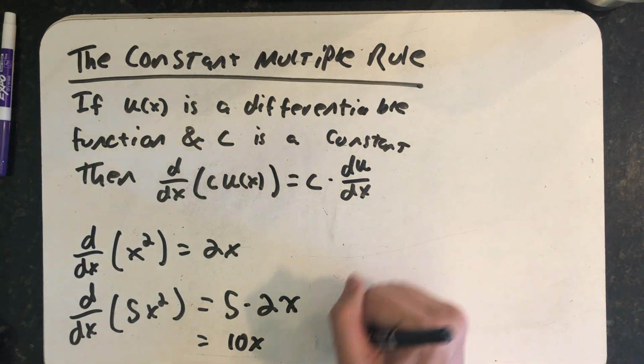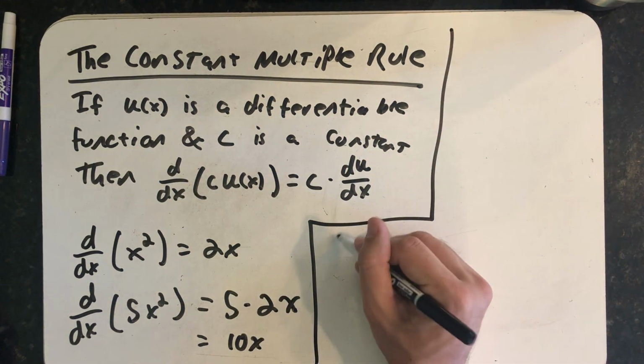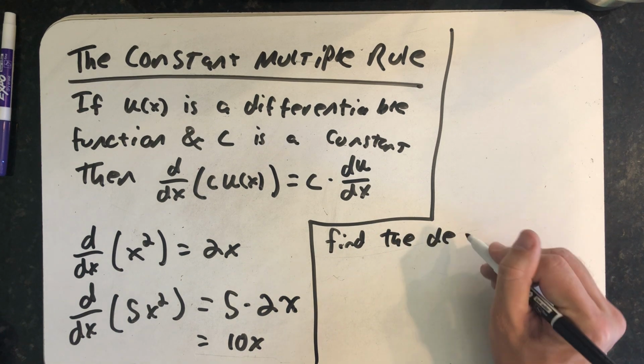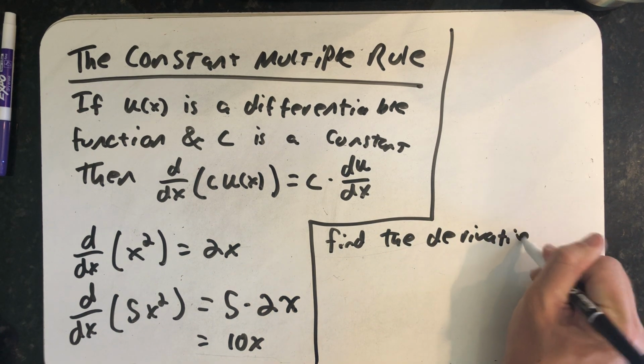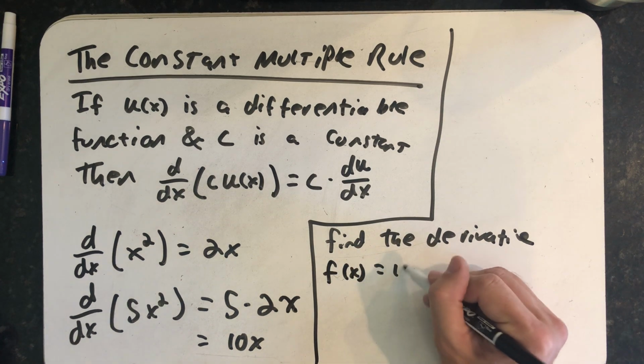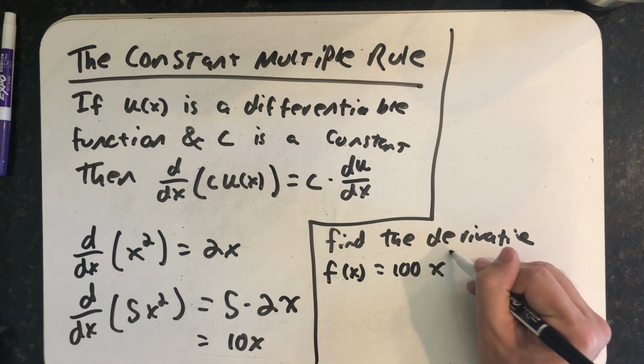Let's do another example. Find the derivative. So let's say I had f of x equals 100 x to the third.